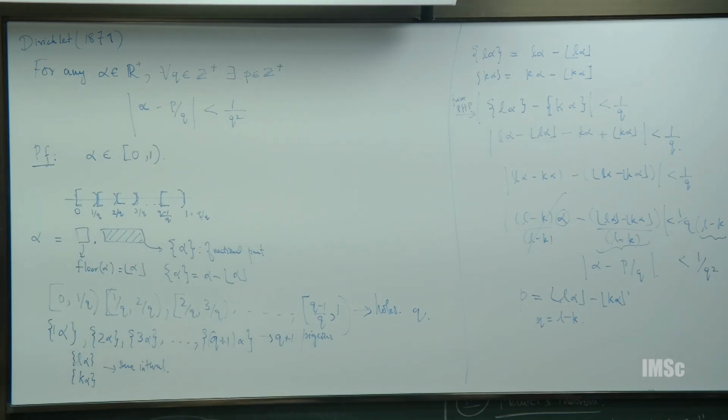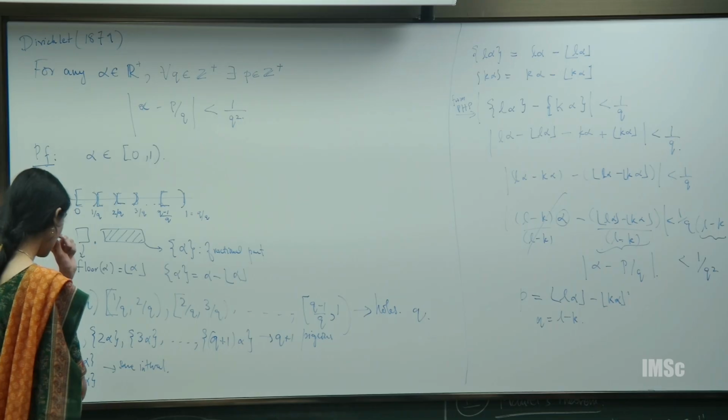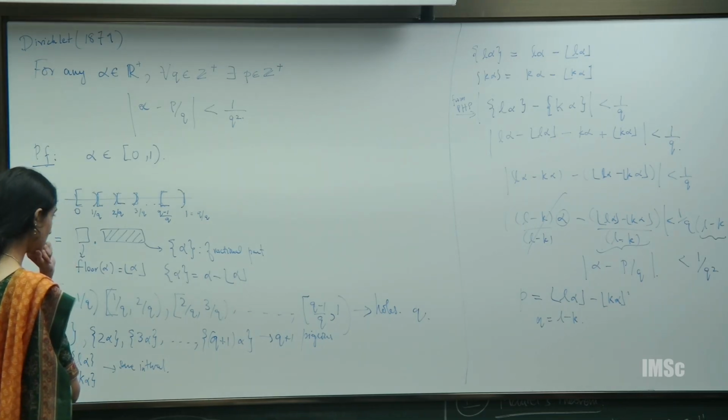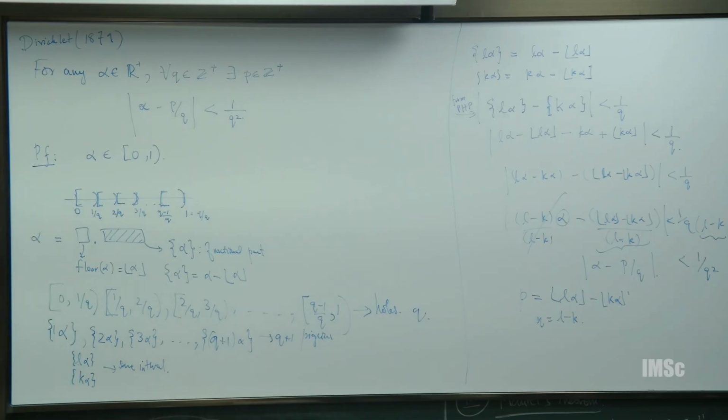For every alpha, for every Q there should be a P. For every Q, there is a P. I don't know how to write it. Maybe there is. Okay, give me 1 second. You should write exactly what Q is, right? You just want the most denominator.